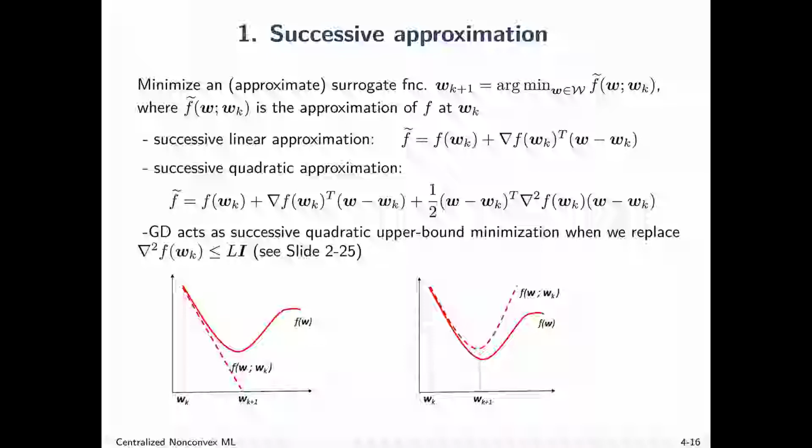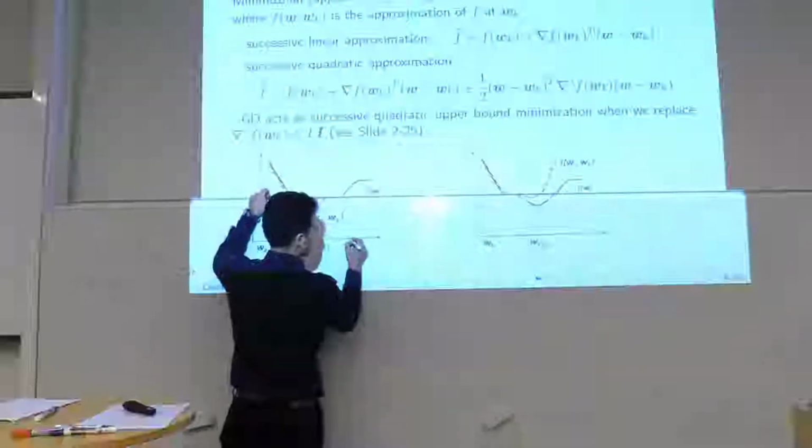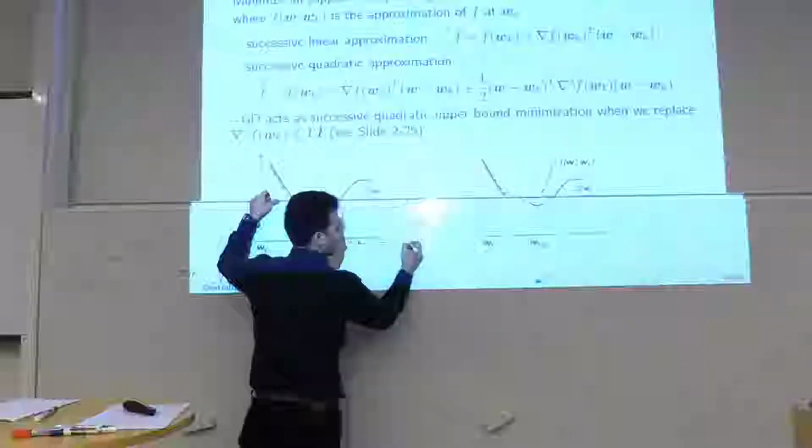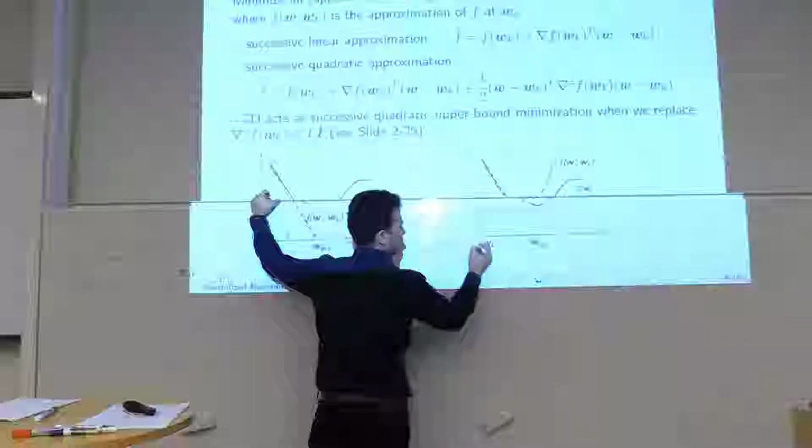What does it mean? It means that if you run that sequence of approximations, you will converge. And just to recall, you can go back to slide 225 of lecture 2 and see that in gradient descent, you are actually running a sequence of these approximations. So this is exactly what gradient descent does. You can just show that. At every iteration of gradient descent, w_{k+1} is w_k minus 1 over L times the gradient of f around w_k.